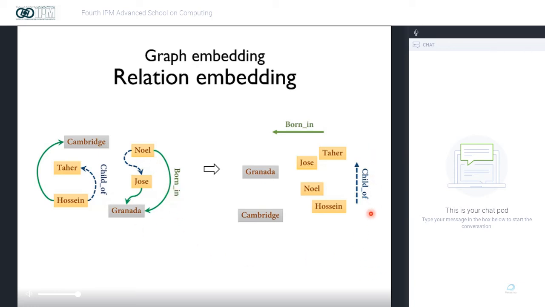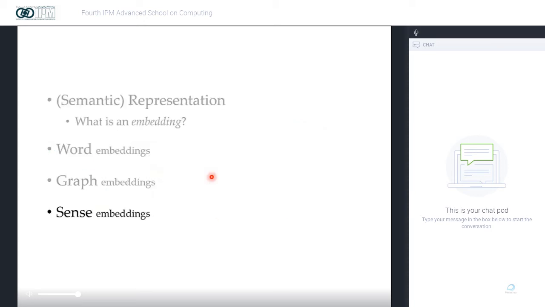So you want to have different directions for different labels, and you want to preserve this sort of relationship or analogy between different terms or different concepts from the original graph or the original knowledge base you are encoding. I'm not going into detail of this, but just to have an idea, there is a big literature on relation embedding, and the main idea here is to also embed in the same semantic space the directions and also the labels of relationships between concepts.